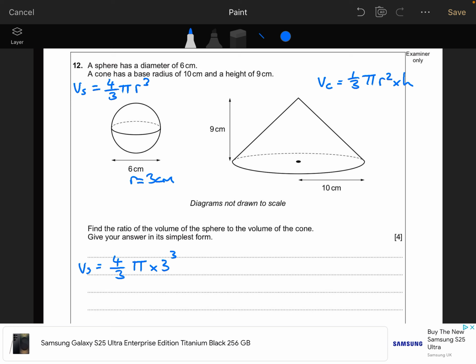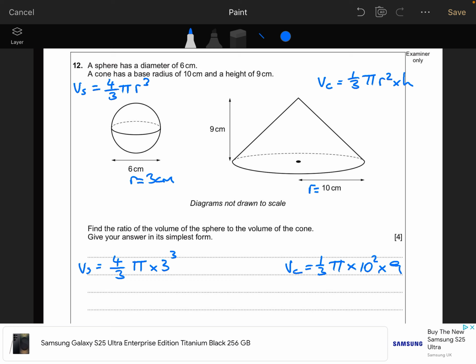And on the right hand side, the volume of the cone will be equal to 1/3 pi times the radius squared. Well, the radius is 10 centimeters here, so I've got 10 squared times 9. Okay, it wants us to find the ratio of the volume of the sphere to the volume of the cone.